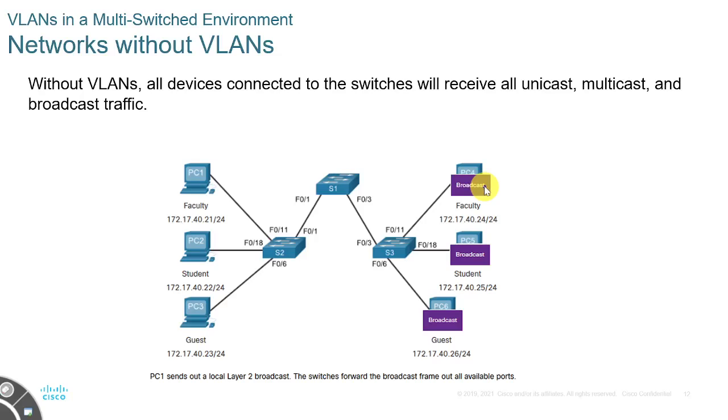It means that VLANs make the traffic isolated for specific types of VLANs, right? Here, whenever the switch receives a broadcast or unicast or multicast, it will flood all this traffic here, here, and here. So it doesn't differentiate between student, guest, faculty.